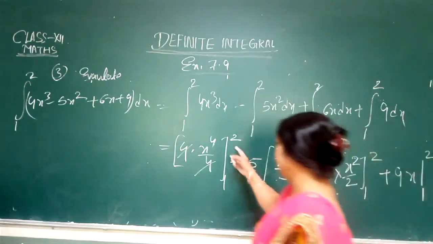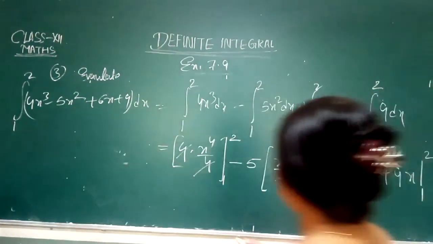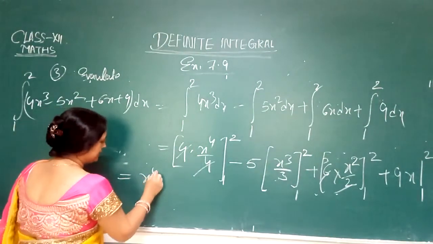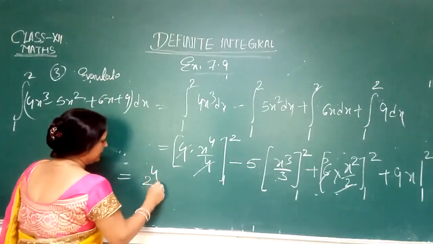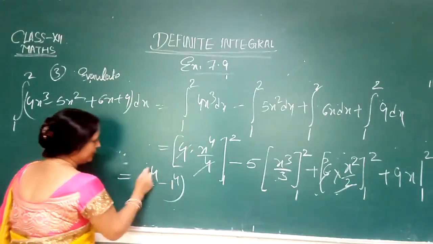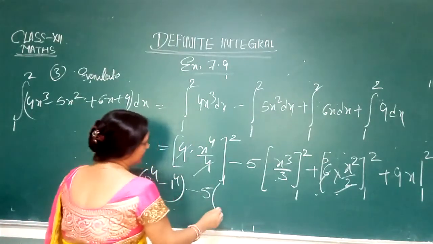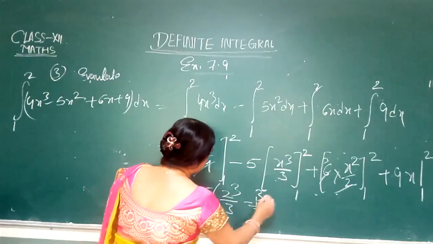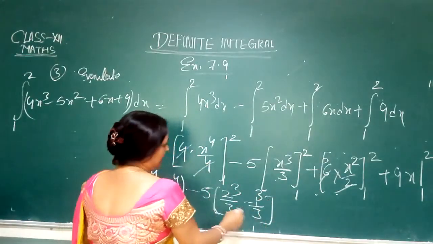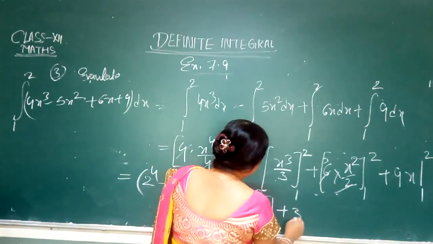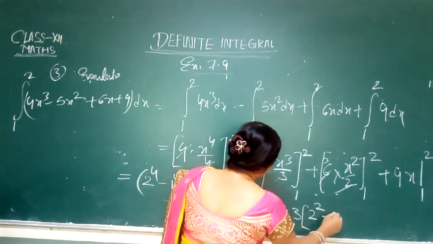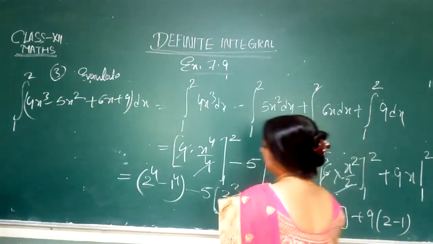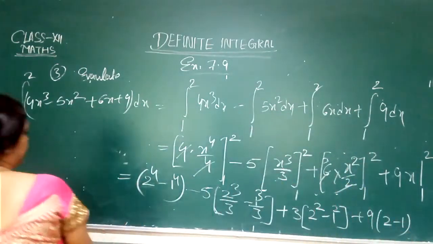After this is calculated, it will come x to the power 4. Apply the limit: 2 raised to power 4 minus 1 raised to power 4, minus 5 into 2 raised to power 3 upon 3 minus 1 raised to power 3 upon 3. After that plus 3 is outside, 2 square minus 1 square, plus 9 into 2 minus 1. So after that it will come here.